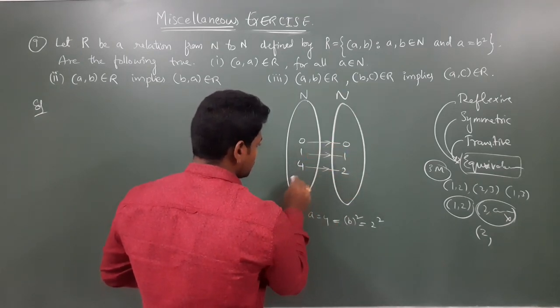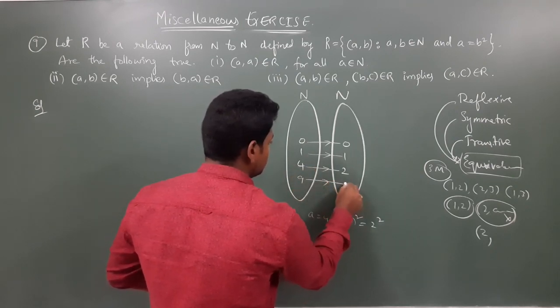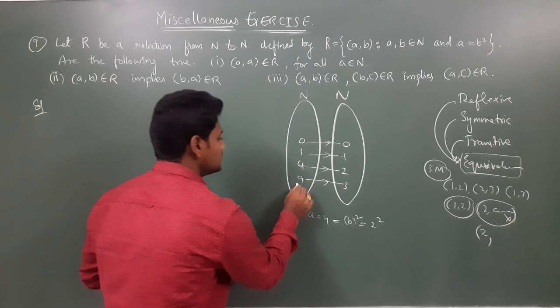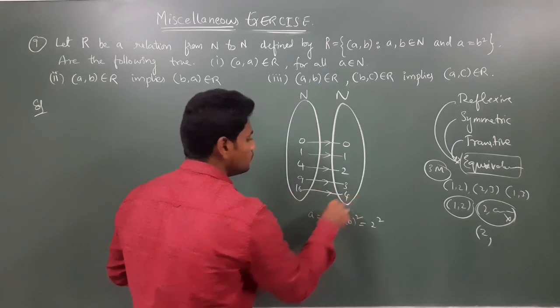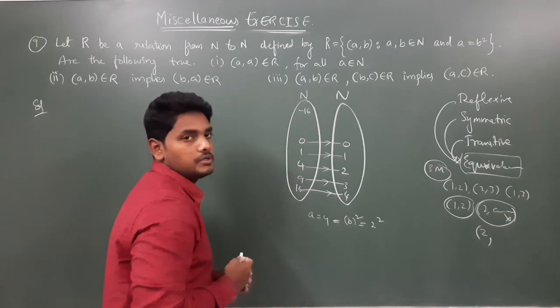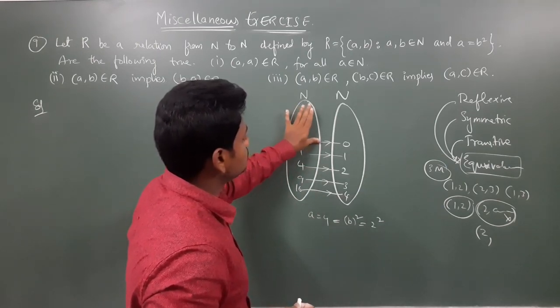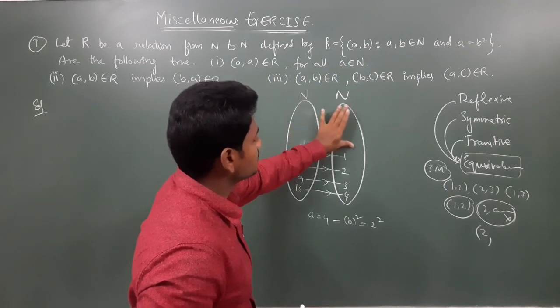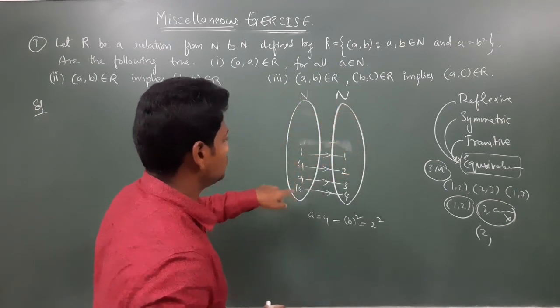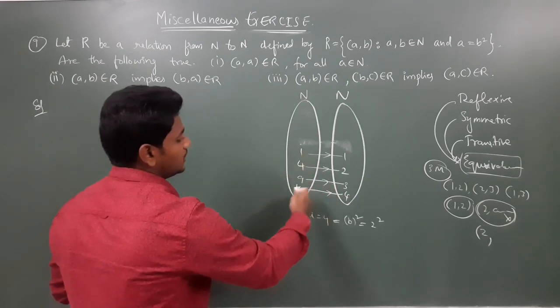If it is 9, it should be mapped to 3. If it is 16, it should be mapped to 4. And if it is minus 16, will we have a value? No. Why? Because, sorry, it is natural numbers, it should start from 1. So we need to write like that.